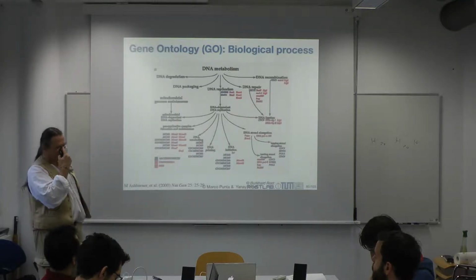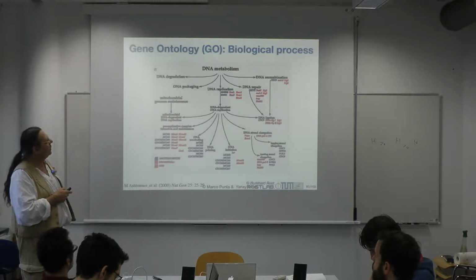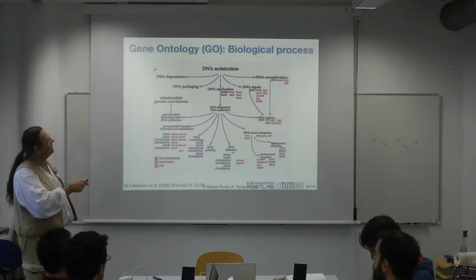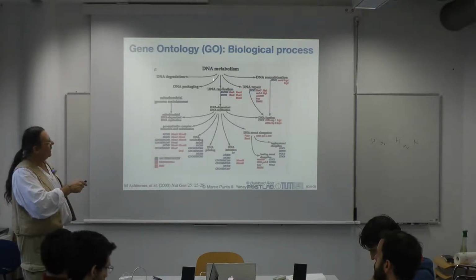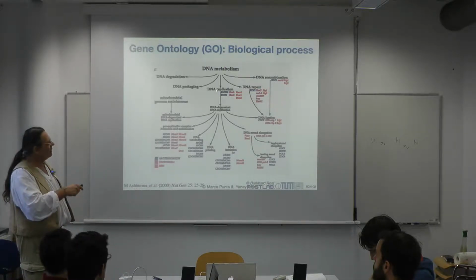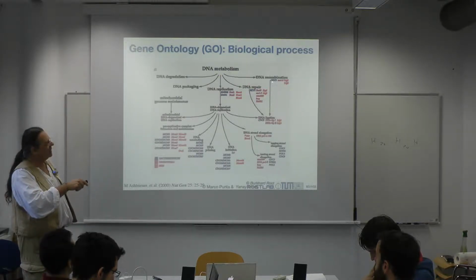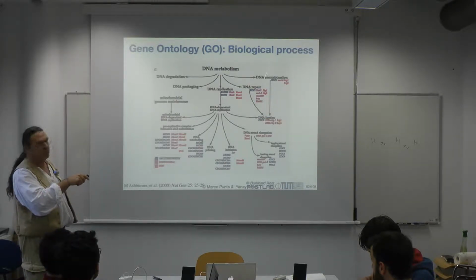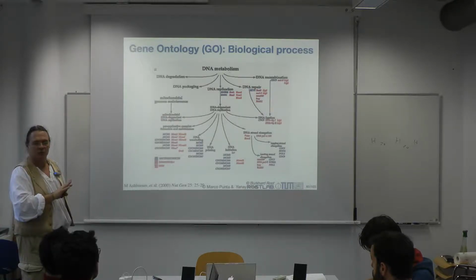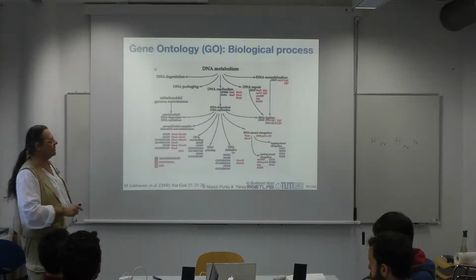Here's an example for the gene ontology GO biological process for DNA metabolism. You see the typical tree. Now we actually have a couple of issues here. So here's the first thing, branching out. You can come to this point here from two different paths. In the enzyme tree, nothing like that works. The enzyme tree is a really strict tree.